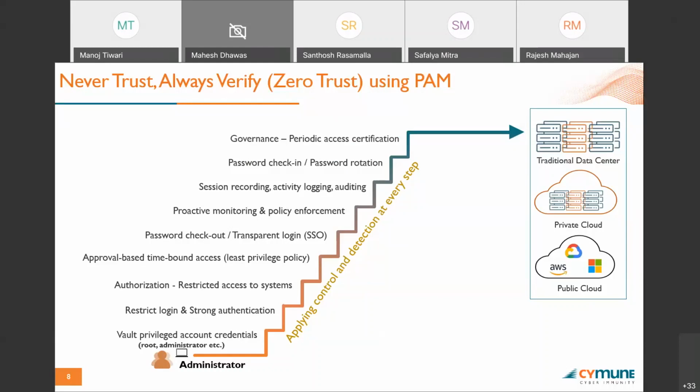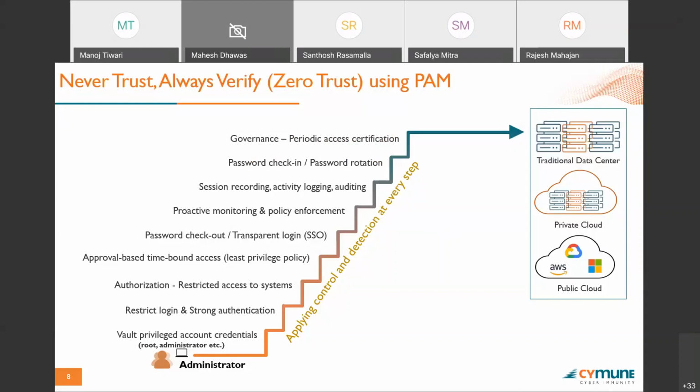And in the end, I will also have some kind of governance going through this, because very often we see that over a period of time, some of the administrators elevate their privileged access. They start with some L1 account, and then over time they also get access to the L2 account.